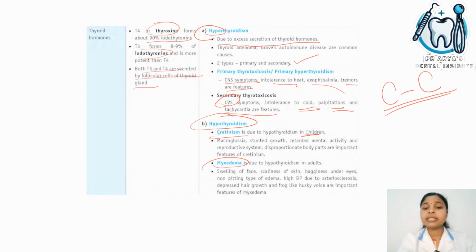And myxedema is due to hypothyroidism in adults. So cretinism in children and myxedema in adults. There is swelling of face, scaliness of skin, bagginess under the eyes, non-pitting type of edema, high BP due to arteriosclerosis, depressed hair growth, and frog-like husky voice. These are important features of myxedema.